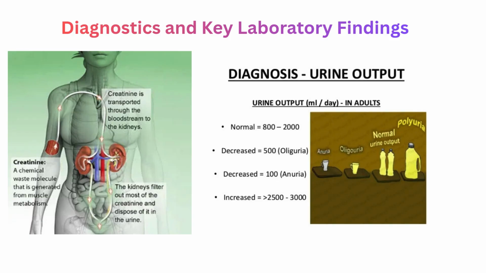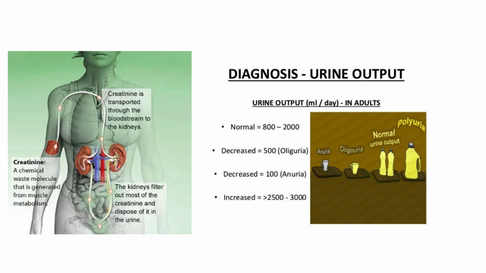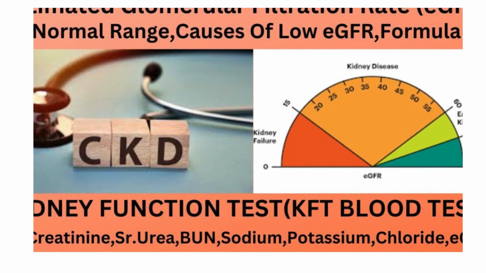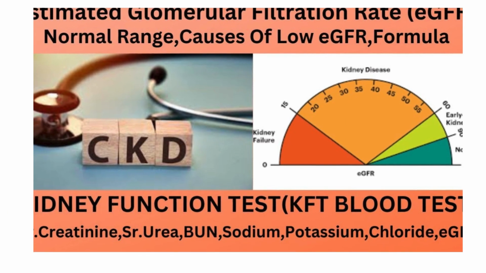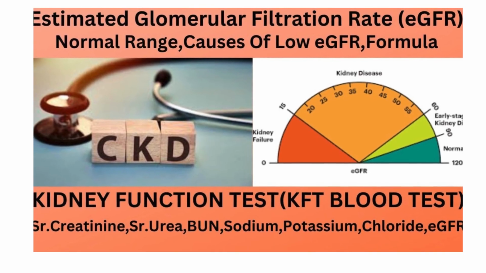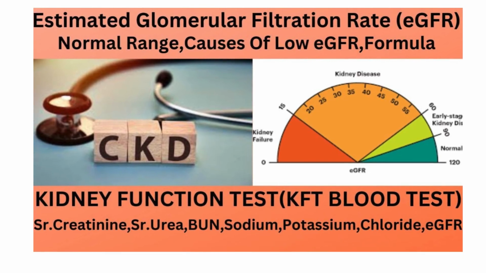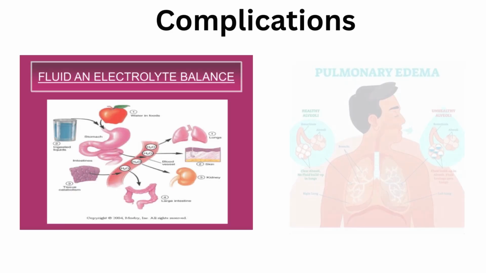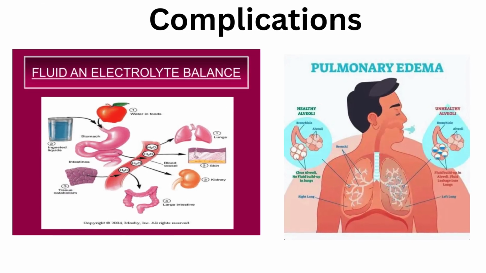Urinalysis may show casts, protein, or blood depending on etiology. Fractional excretion of sodium, FeNa, helps distinguish pre-renal from intrinsic kidney injury, and renal ultrasound is used to assess obstruction.